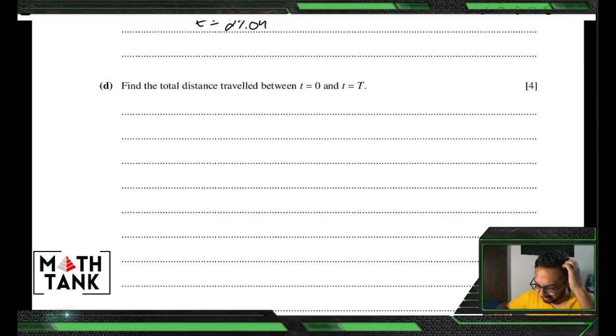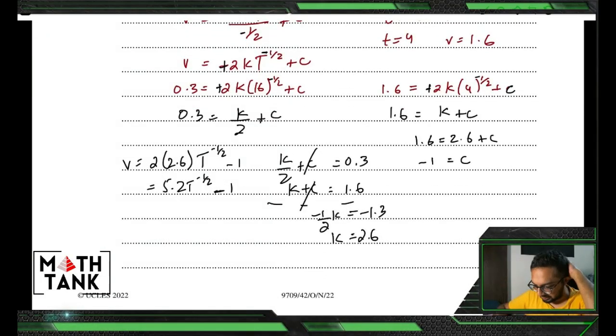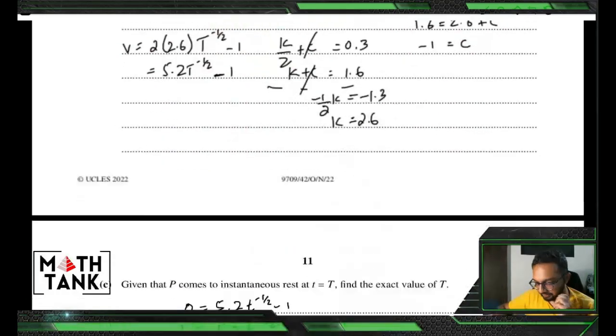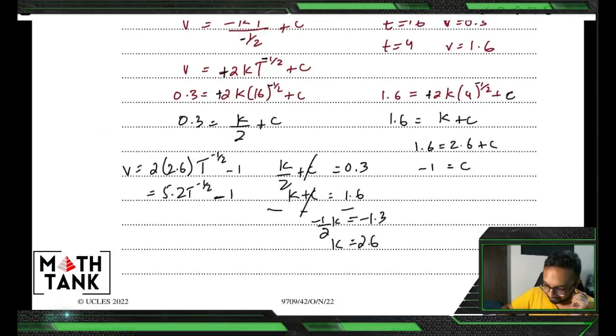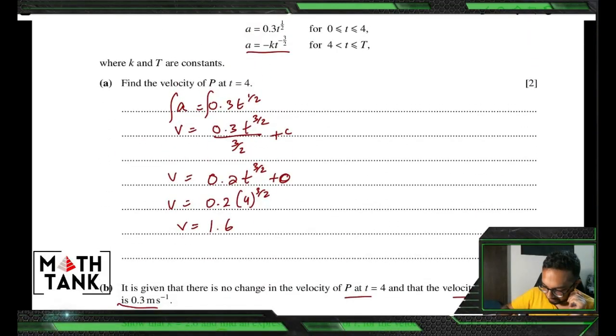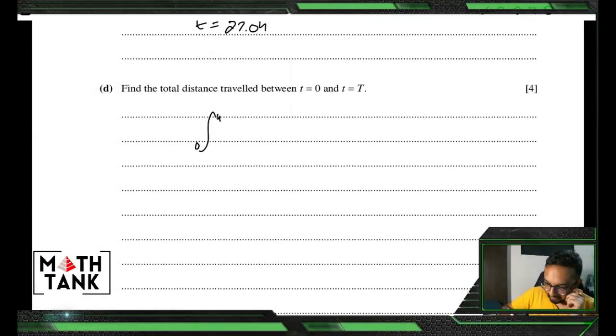Find the total distance traveled between 0 and t. Since the particle is not turning anywhere before that, I can just simply say that this is a question on integrating with limits. So I'm going to first integrate with limits from 0 to 4. I'm going to integrate this equation that I found, 0.2 t power 3 over 2.